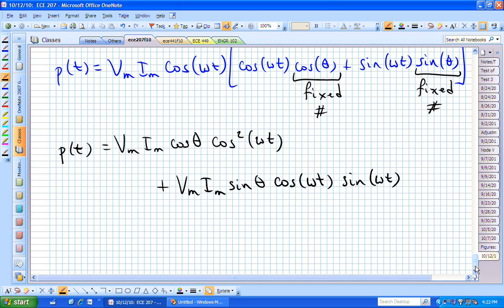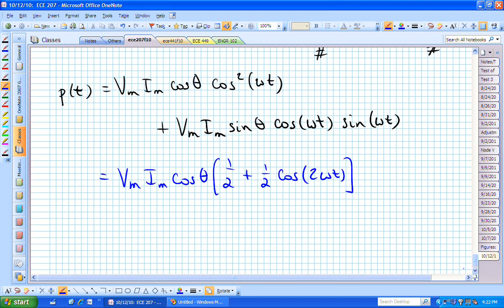Let me now replace that cosine squared with what I have already used before, which is 1/2 plus 1/2 cosine 2 omega t. Rewriting this, I now have V sub m I sub m cosine theta, and that product is just a number, times 1/2 plus 1/2 cosine 2 omega t. And the other piece I can say is V sub m I sub m sine of theta times 1/2 sine of 2 omega t.